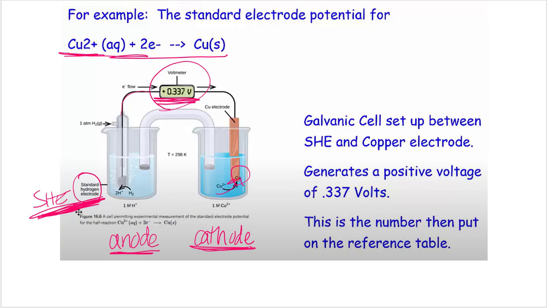In this case, we have created a battery where the cathode is what we're trying to measure, which happens to be our copper. And when I compare the activity value of the copper to the standard hydrogen cell, the voltage reads 0.337. So walking away from this, we know the standard hydrogen cell is the standard that we compare all other half cells to.